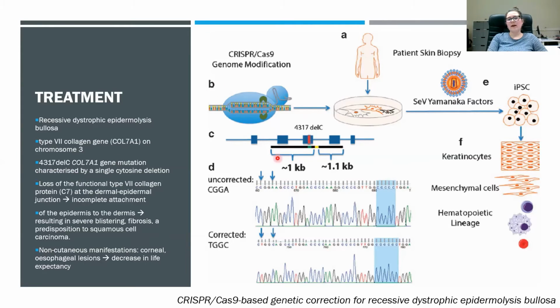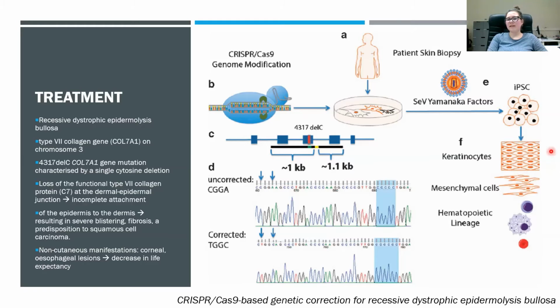We modify that collagen gene with the CRISPR-Cas system. First we take skin from a patient. Then we modify genes in that skin. Then we add Yamanaka factors. Yamanaka, the scientist I talked with you about last journal club. Then we get induced pluripotent stem cells.